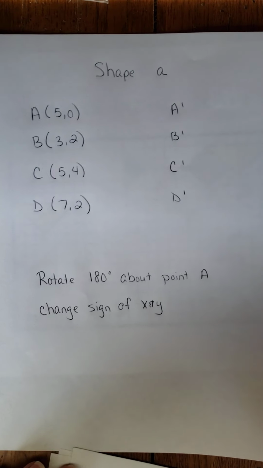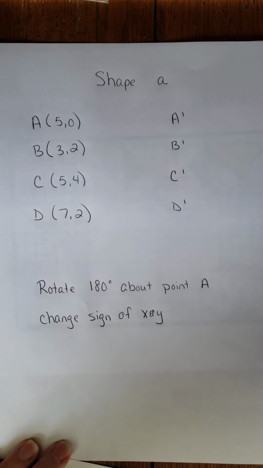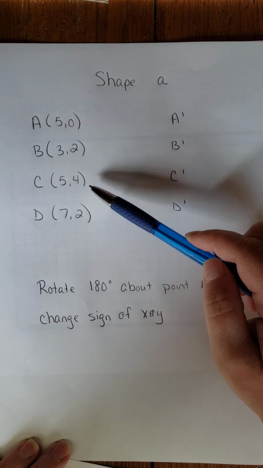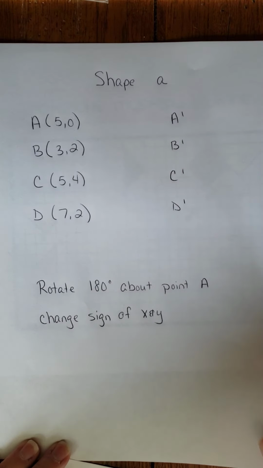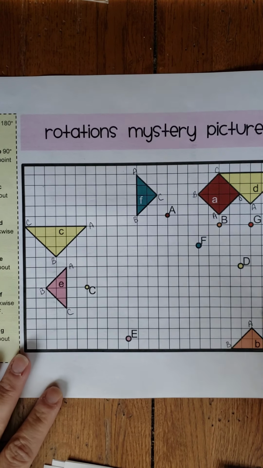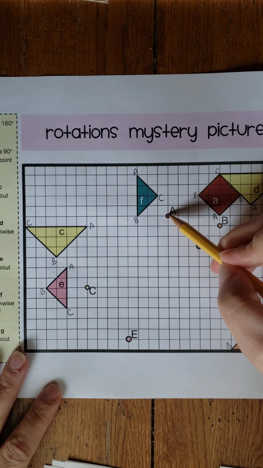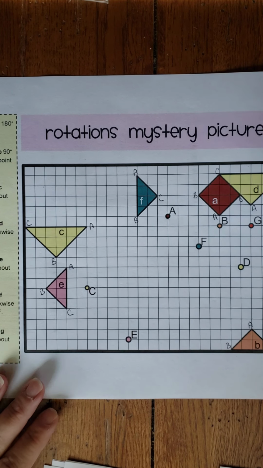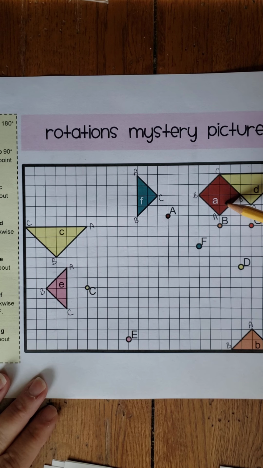But here I've written down, so shape A, our coordinates are 5, 0, 3, 2, 5, 4, and 7, 2. Now, how did I figure that out? It's because we're rotating about this point here, A. So our shape A is here.